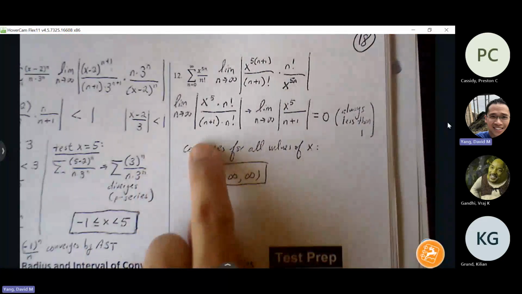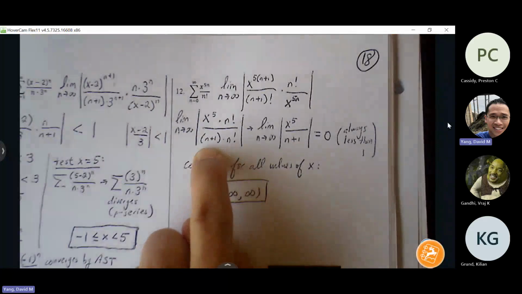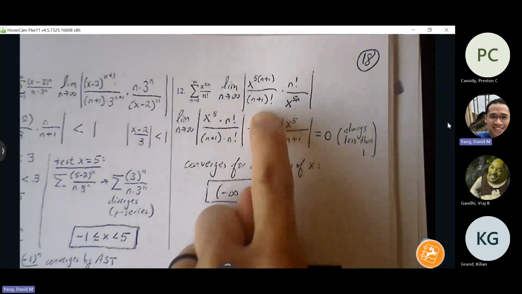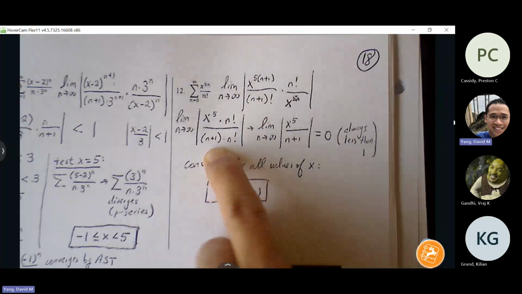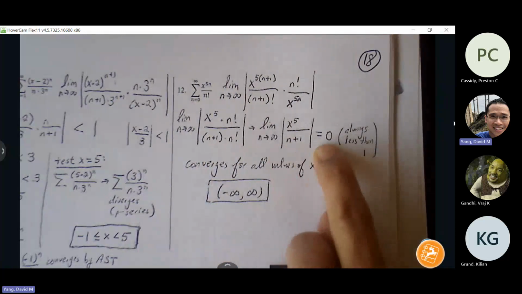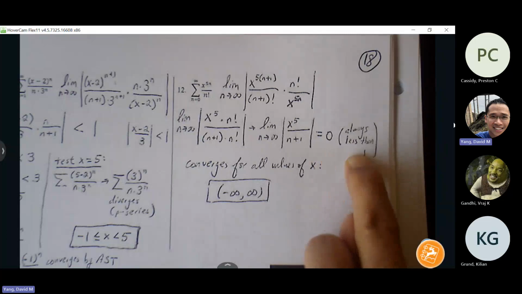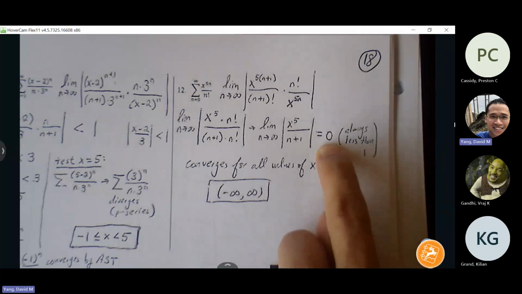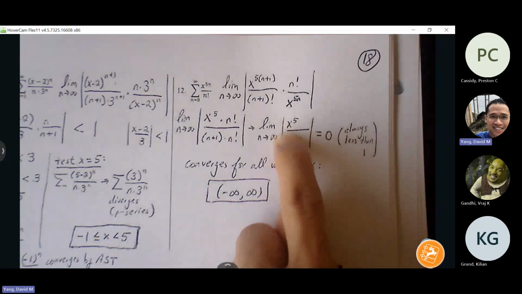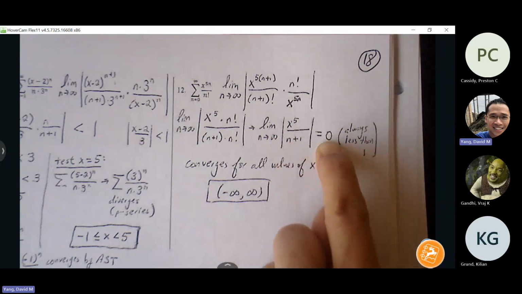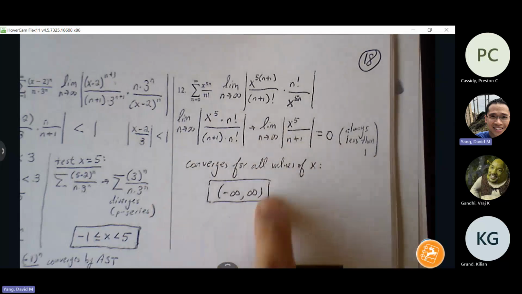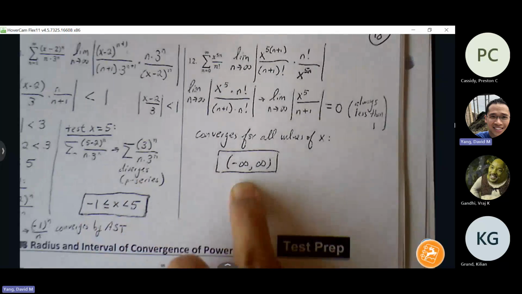And then if there's n's remaining after you do your ratio test, but n is in the denominator, then that's always going to force your limit to be 0. And if you force your limit to be 0, that's always less than 1, which means this will always be true no matter what the x value is. My n is always going to push it to 0. So in that case, my radius of convergence is infinity, and my interval of convergence is all real numbers.